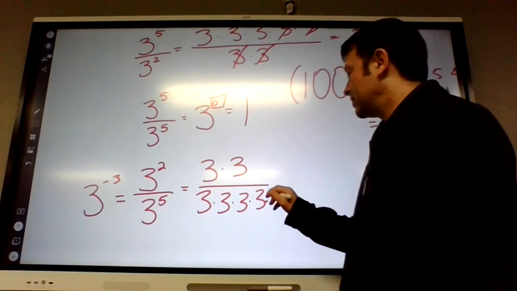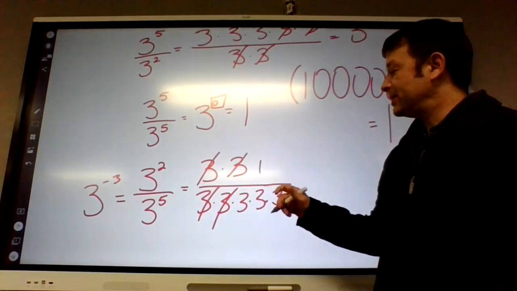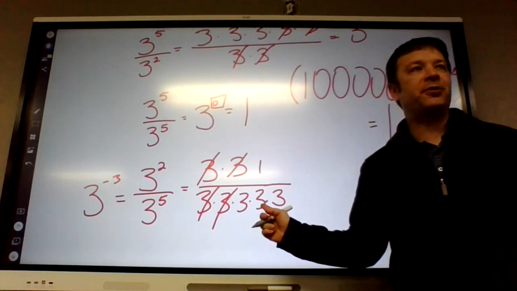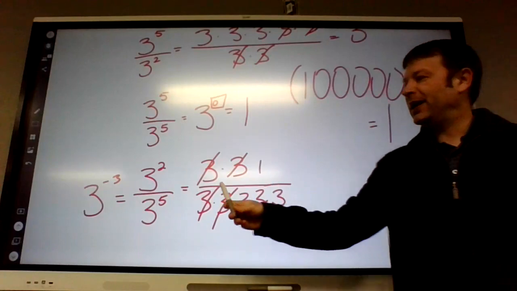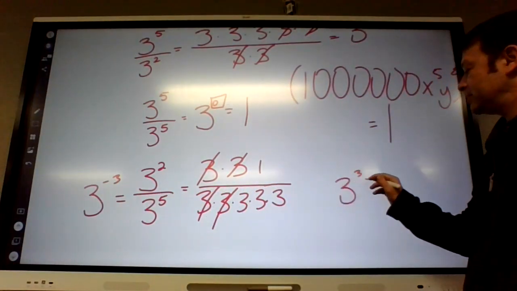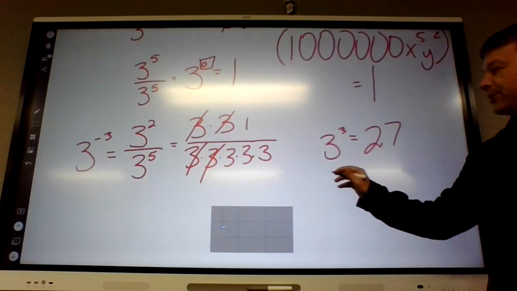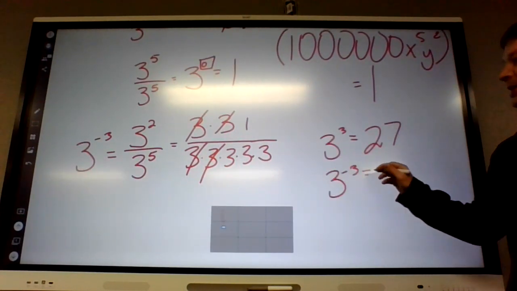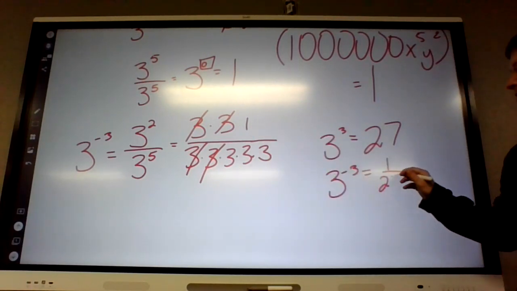hold on, cross out, cross out, cross out, cross out. It basically means it's 3 to the 3rd on the bottom. So with a negative exponent, what's 3 to the normal third? 27. So 3 to the negative 3rd is 1 over 27.